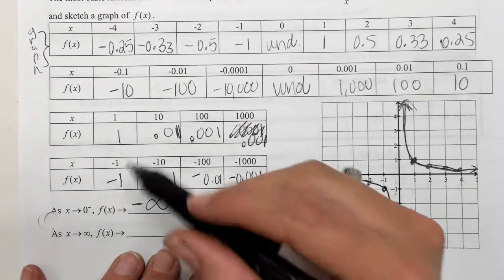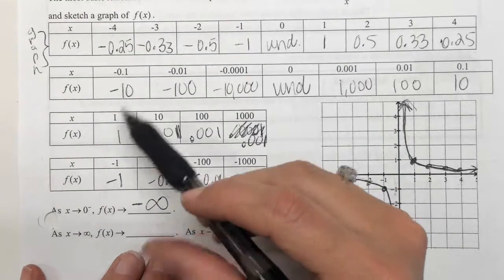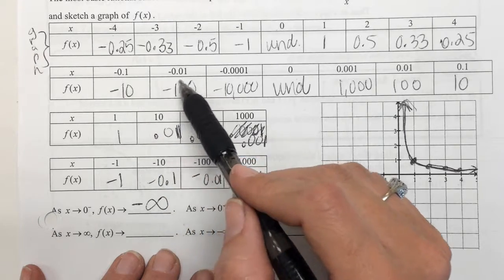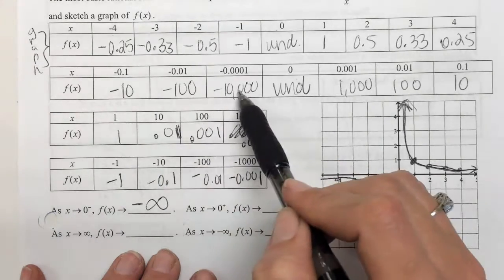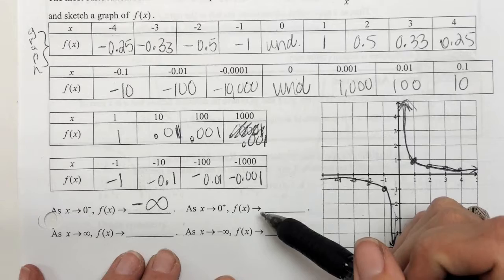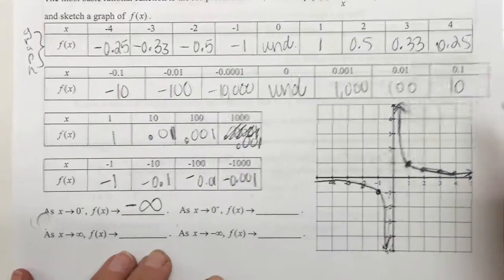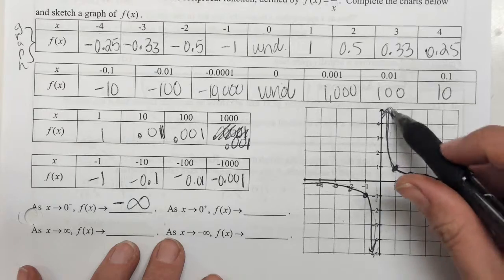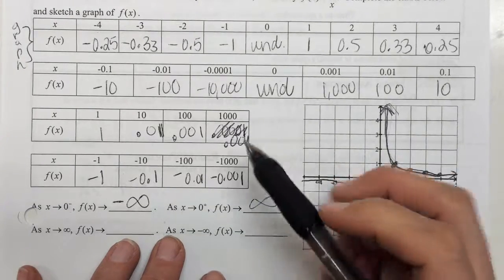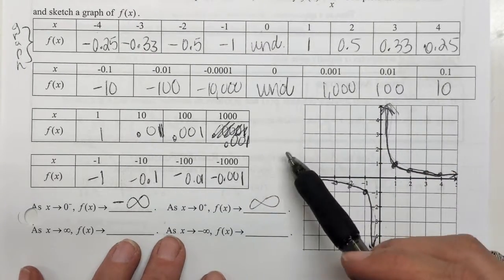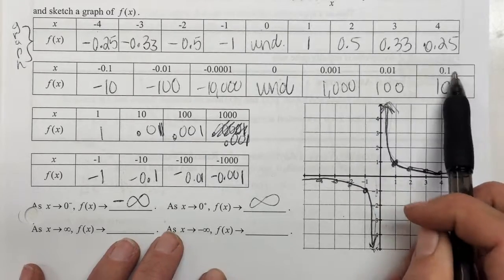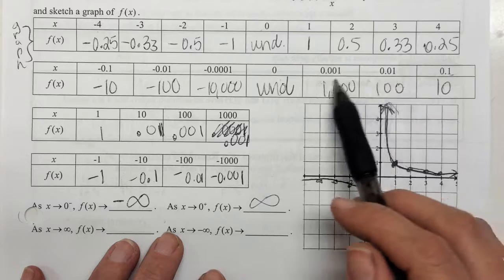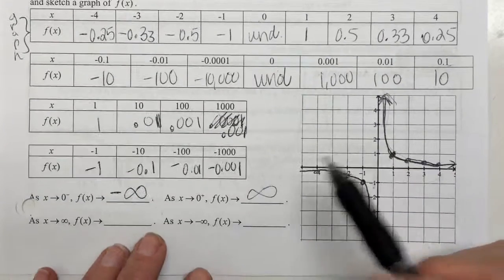We could also see that here. As x is approaching 0 from the left, it's going down, down to negative infinity. As x is approaching 0 from the right side, it looks like y is going up forever to infinity. And you could also tell that here. When it's going to the right to 0, our y values are getting bigger and bigger.